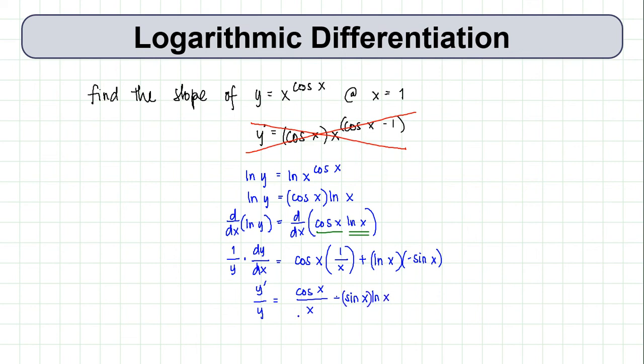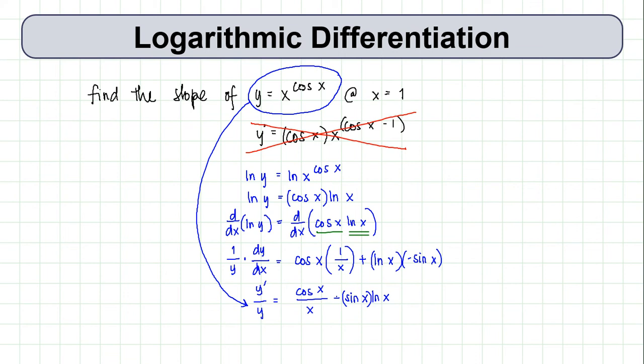So, ganyan lang siya. Then, meron pa tayong y, no? Hindi pa tayo tapos. Yung ating y ay ito. Gagamitin natin ito to substitute dun sa value ng y. Ito, sulat ko. Ganyan.